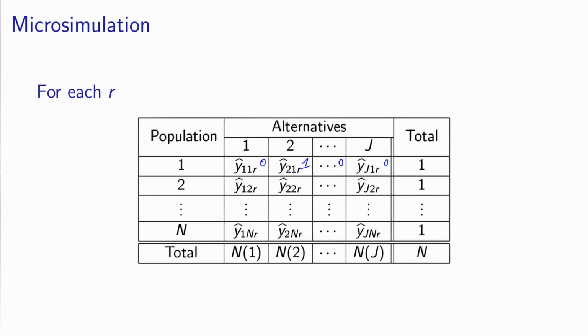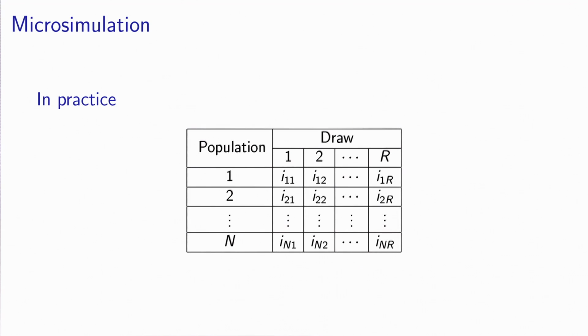Actually, for each row, it contains J-1 zeros. So it's definitely inefficient to store it in that way, and we can make it more compact. And this is the whole point of doing microsimulation. Typically, all these tables are gathered together in one table like this, where we have one row for each person in the population as before, but now we have one column per draw r.